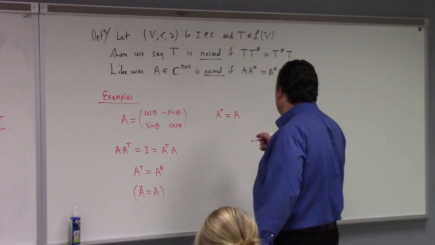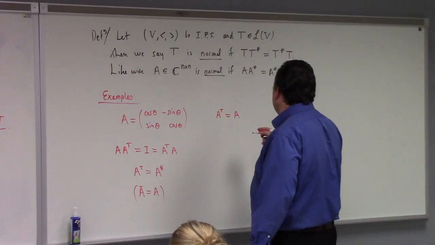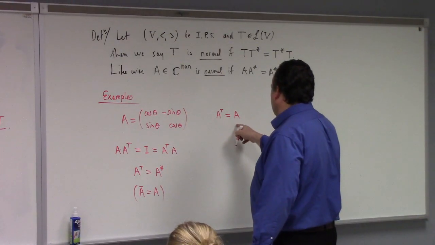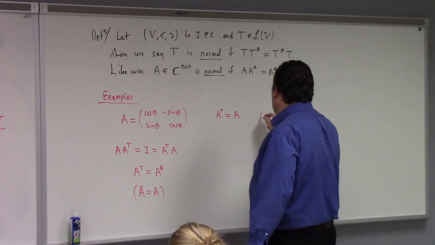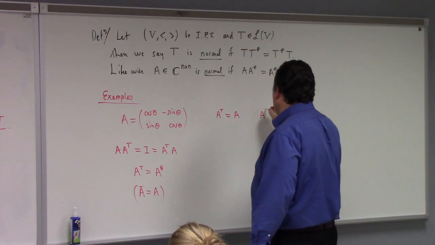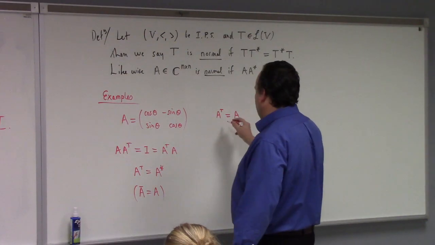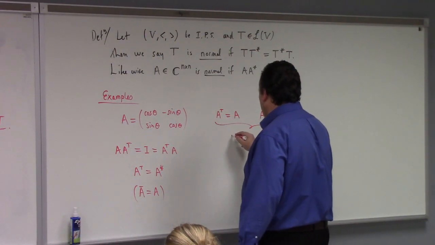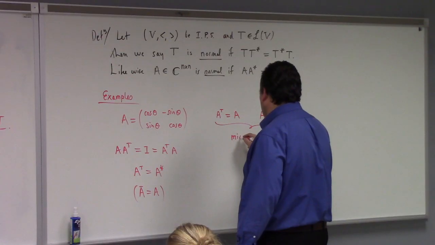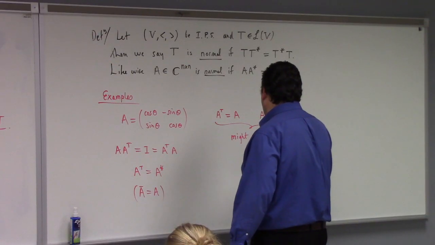Then I believe you can show that that's normal. And also, if A transpose is minus A, now I might need A is real.